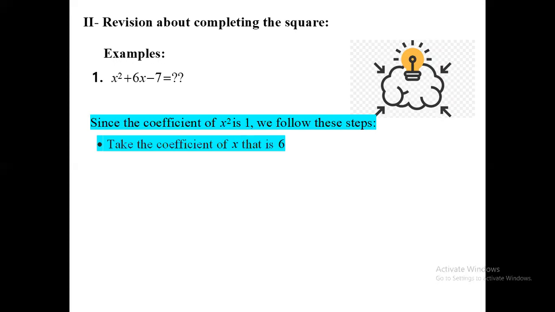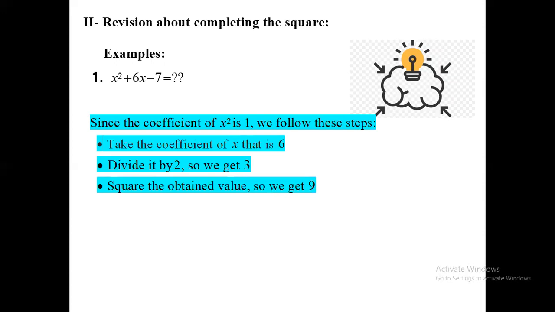Take the coefficient of x, which is 6. If you look at the expression, the coefficient of x² is 1, the coefficient of x is 6, and the constant term is -7. Here we look at the coefficient of x, which is 6, divided by 2, so we get 3.